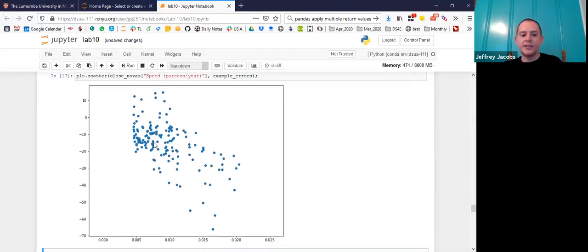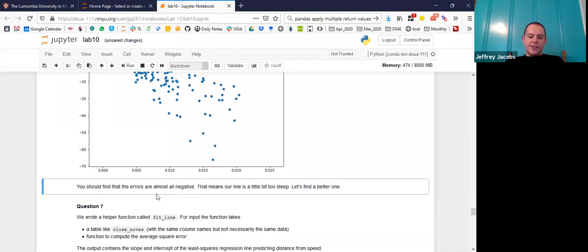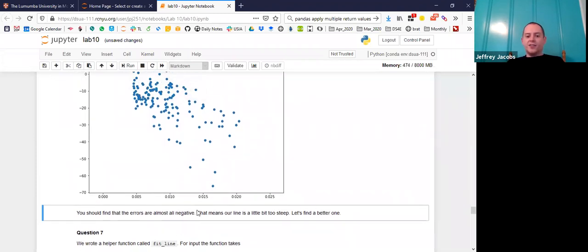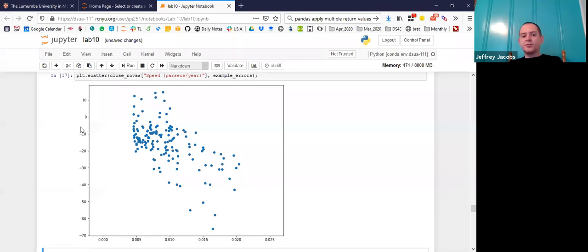Whereas if it's negative, that means we over predicted the distance. So you will find that the errors are almost all negative, so our line is a bit too steep. It's predicting much higher values than the actual values, which is why the difference will always be negative.